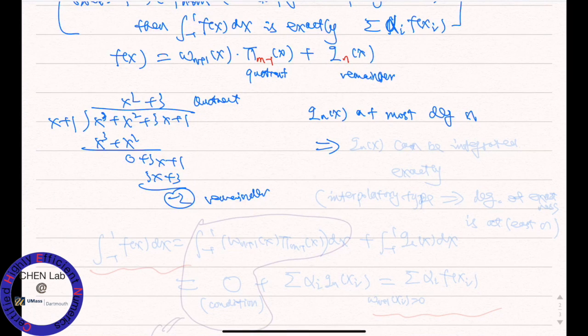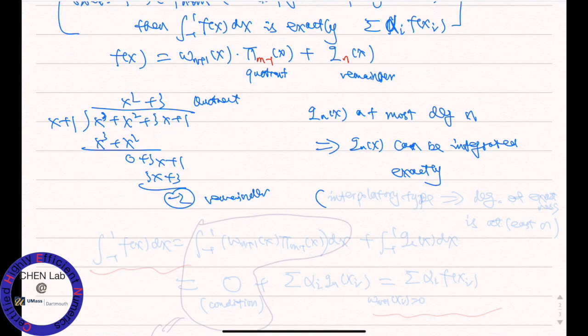That's exact. That's one result that we have. The degree of exactness is at least n when you have n plus 1 points. So qn of x can be integrated exactly.